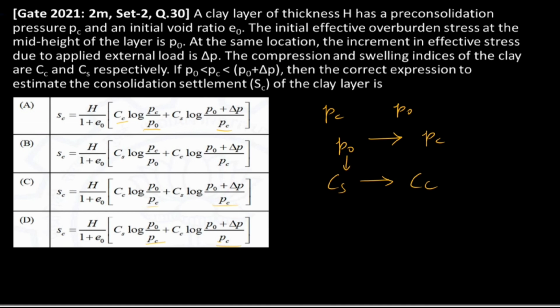At the final pre-consolidation pressure, the index is Cc. So at P naught, the index will be the swelling index, and at pre-consolidation pressure, the index will be the compression index. Therefore, option B is the right answer.